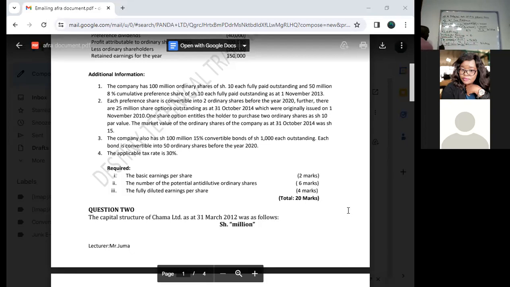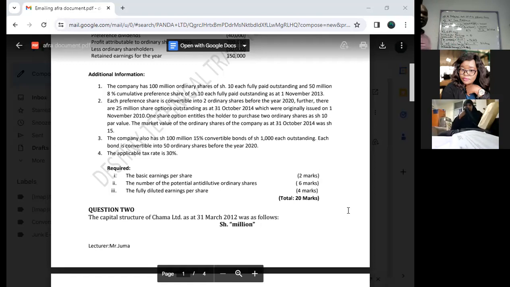So incremental earnings, 15% times the total number there, shillings 100 million. 100 million will be 100,000 in thousands.